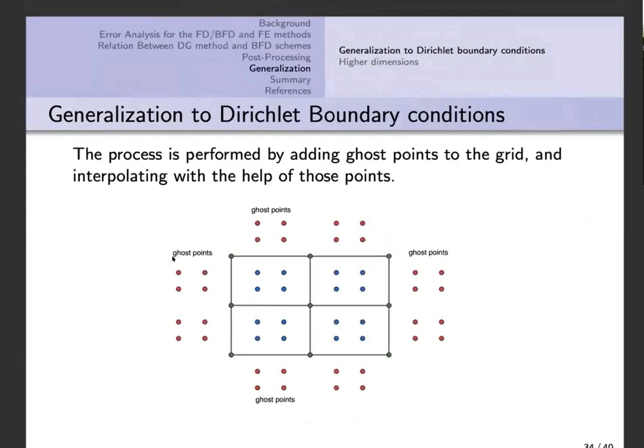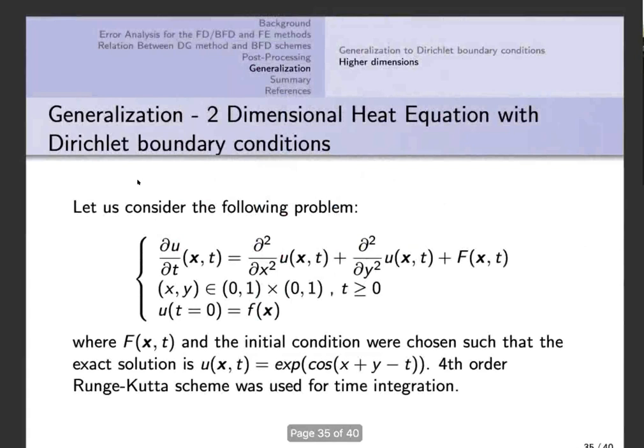We added a couple of ghost points for every line and every column, and we interpolate with the help of those points and then integrate this into the scheme. So this is working quite well. The implementation is seamless, and basically, we get exactly the same numerical results as for the periodic boundary condition.